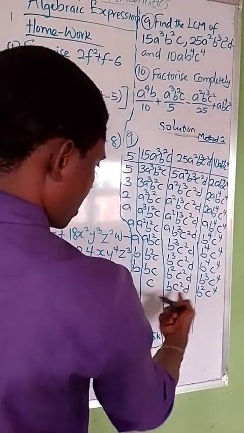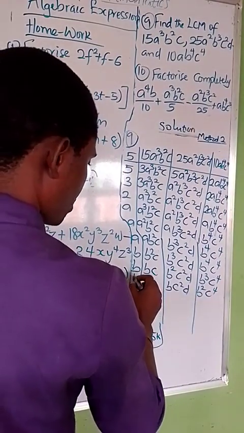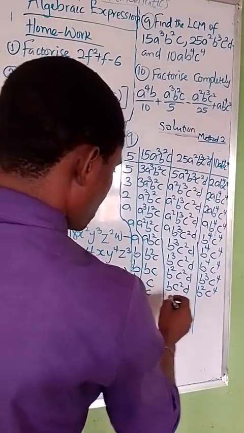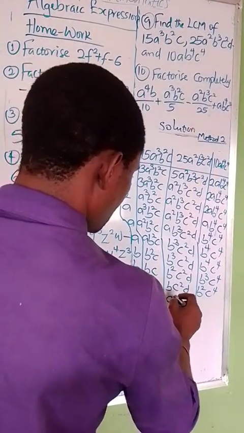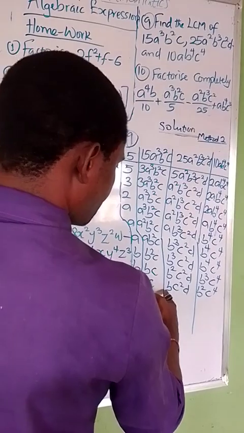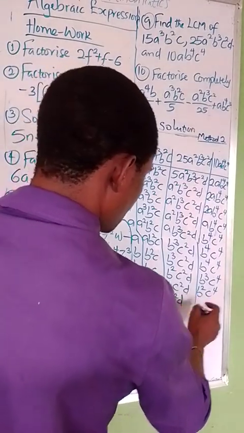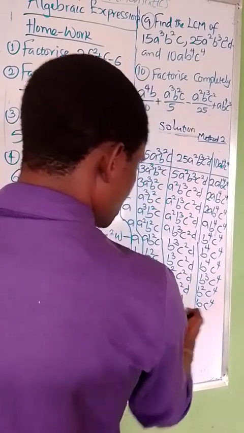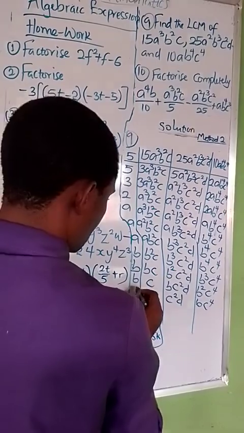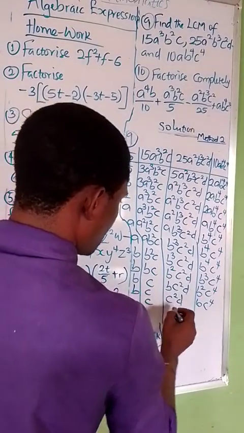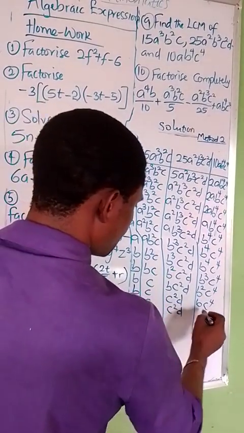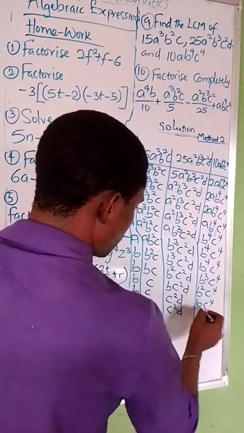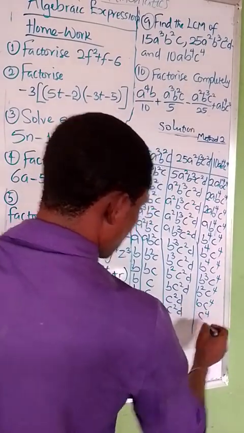Is there a b? There's still b. So we have c. There won't be b here again. So you have c squared d and b c to the power 4. There is c 1b. So we have c squared d, so that it will factor out and you have c.